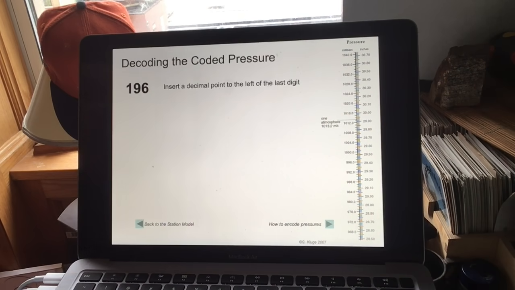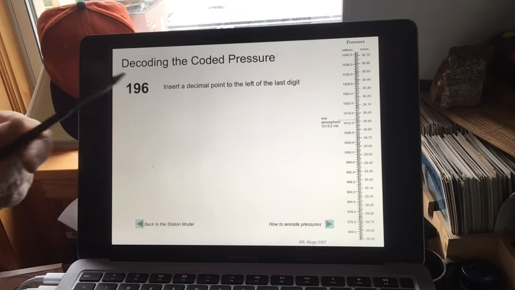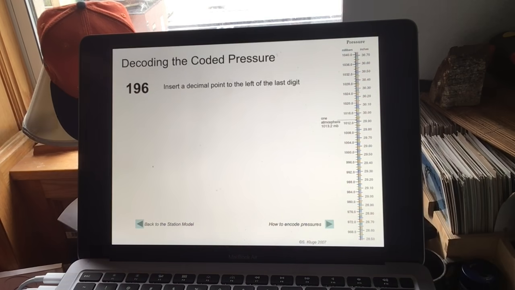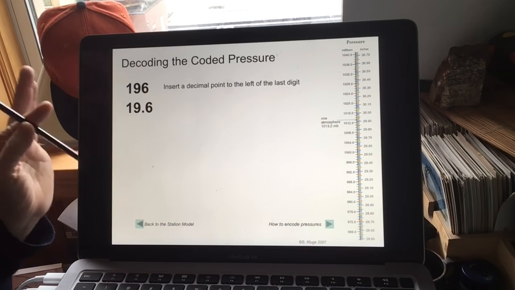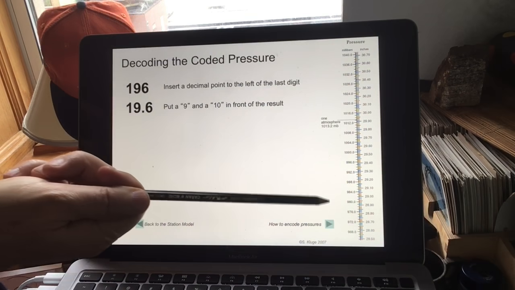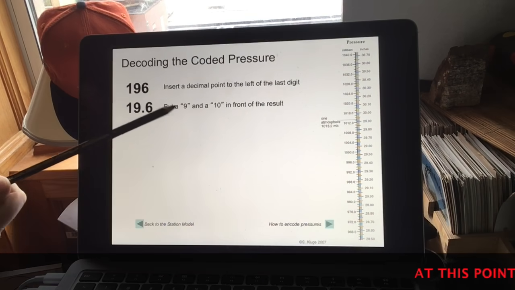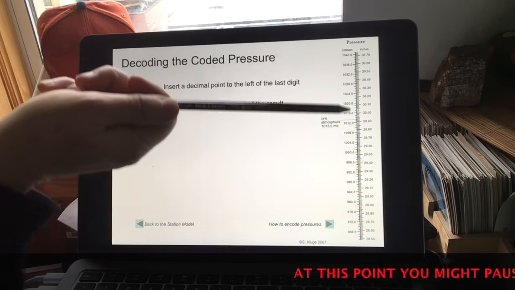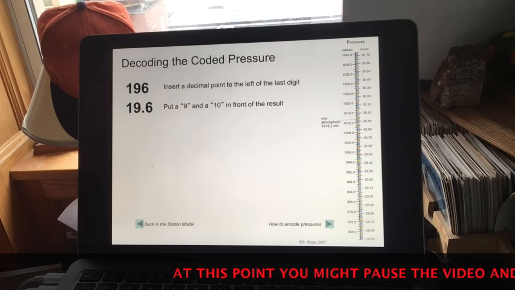If we were going to decode 196, we'd put the decimal point back in. If we're going to figure out what it actually was in millibars, then we would have 19.6, and then simply add to it a 9 or a 10 and match your outcome, having added a 9 or a 10, with the millibar scale on page 13 of your reference table.